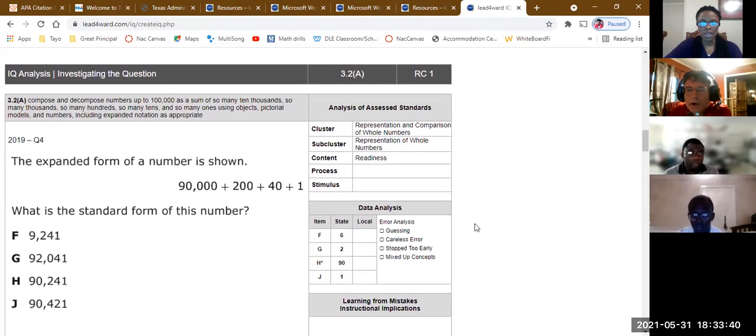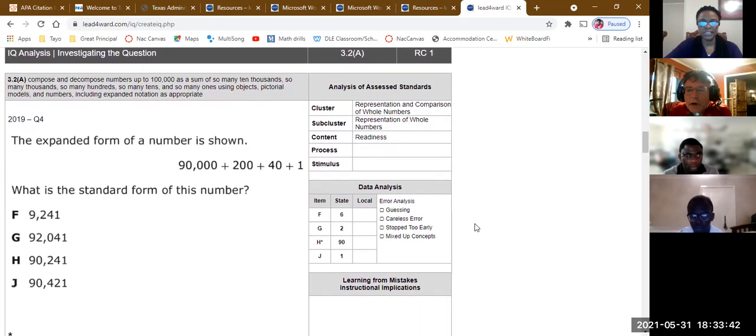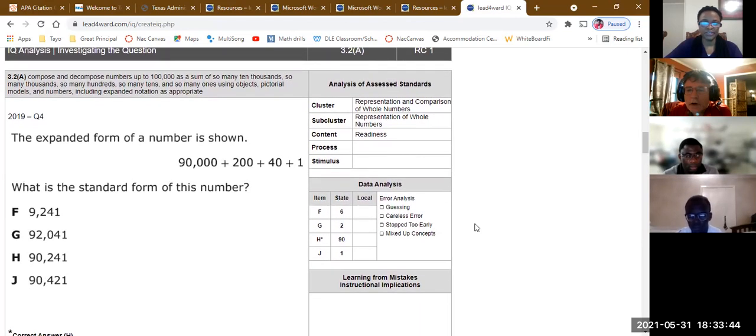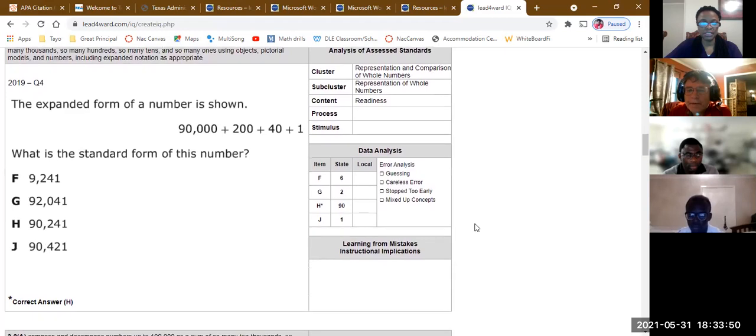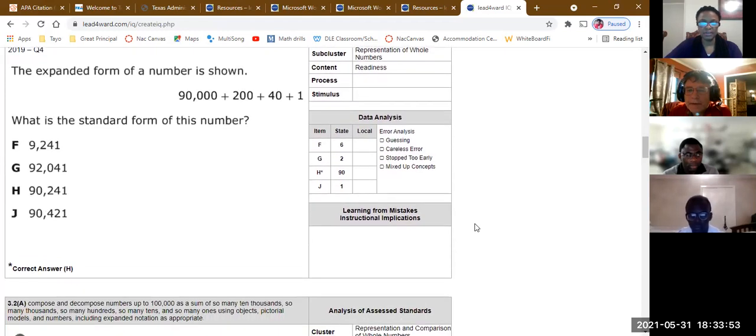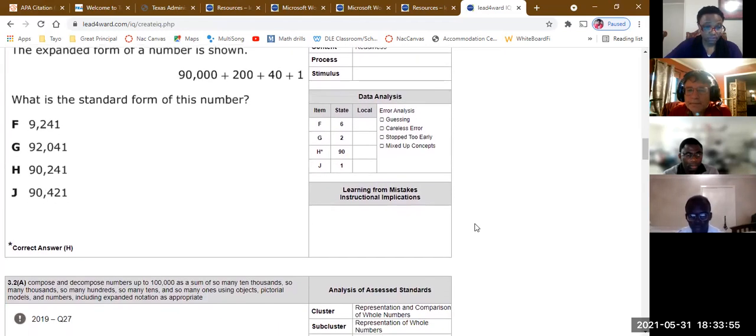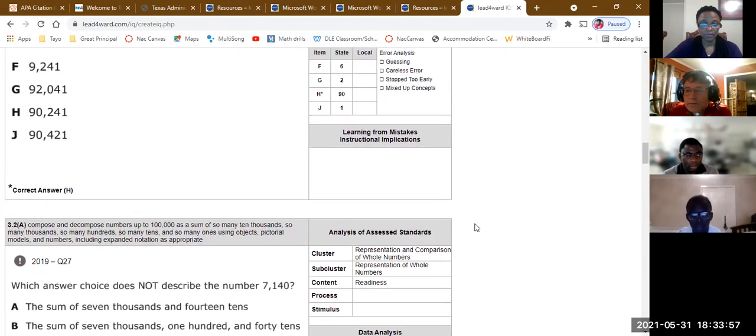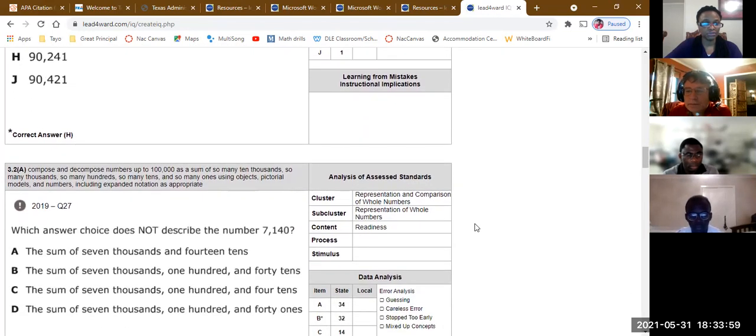And this one goes beyond TEKS Resource because this one will tell you the answer. It will tell you some of the options that the students picked during this test and major conceptions or misconceptions that students have when they are answering this question.